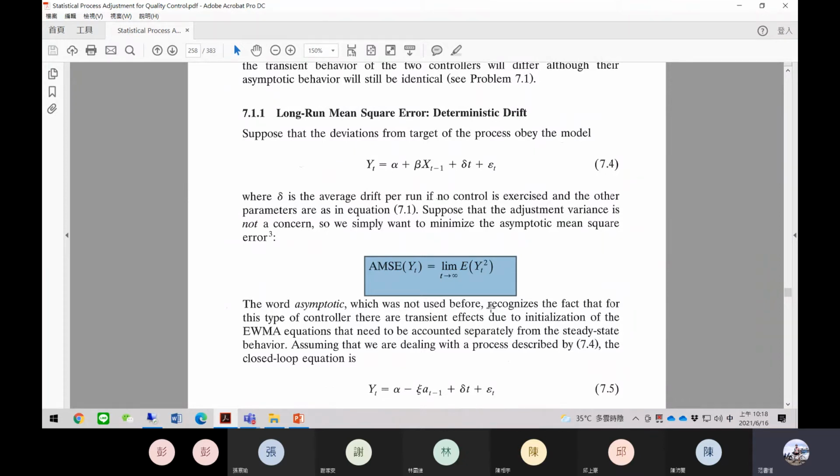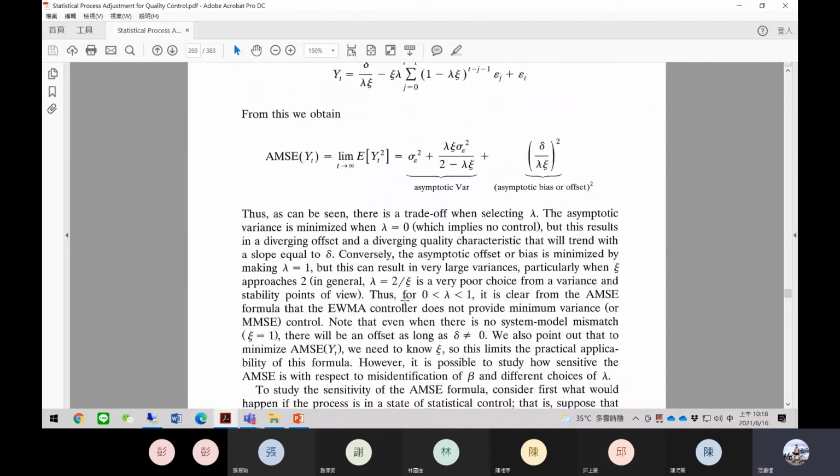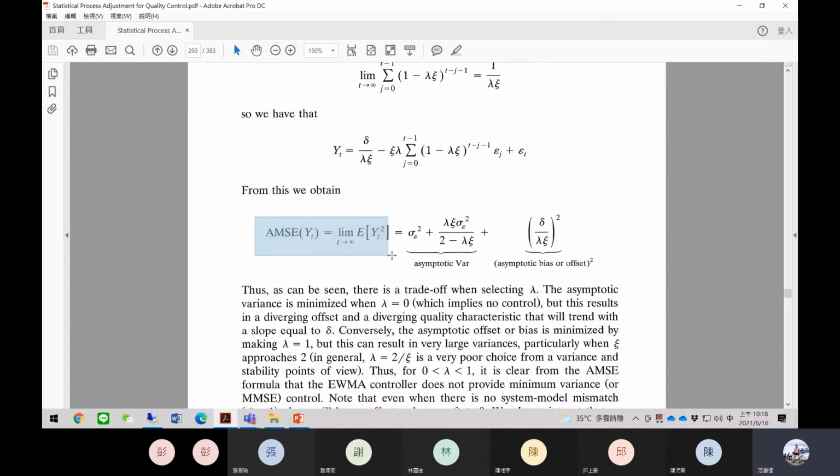It recognizes the fact that for this type of controller, there are transient effects due to the initialization of the EWMA equation that need to be accounted for separately from the steady state behavior. Finally, it can be proved like this: a asymptotic variance and an asymptotic bias.